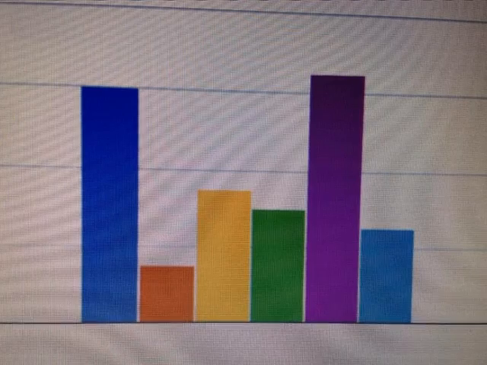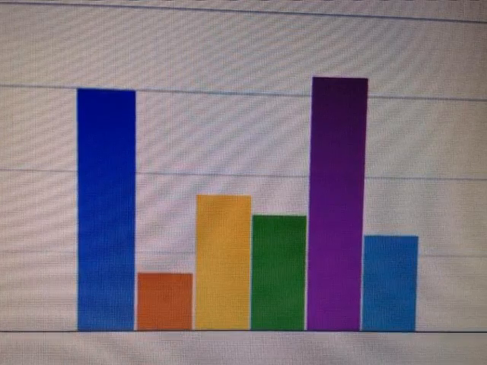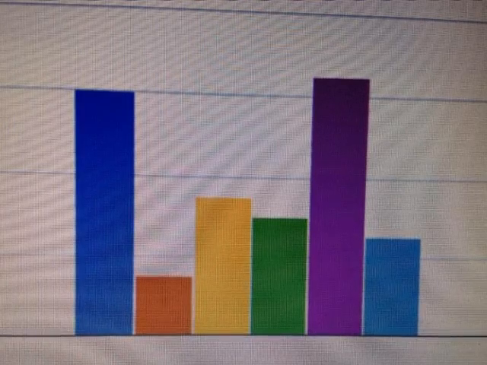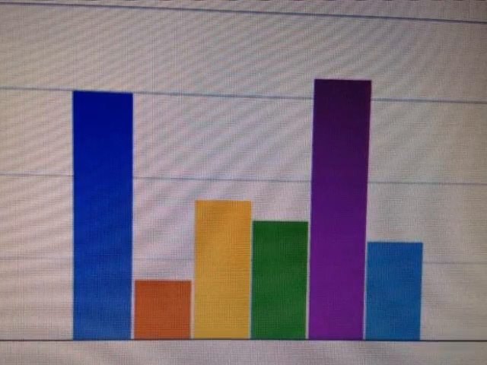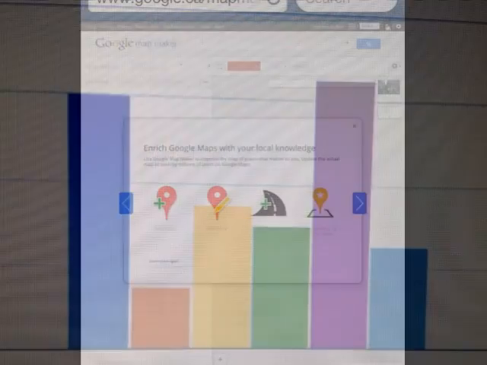And this is also connecting to the math curriculum of data management and probability. So this is a great cross-curricular project, and it's also using the Google Drive, which of course you can make the spreadsheets on as well.